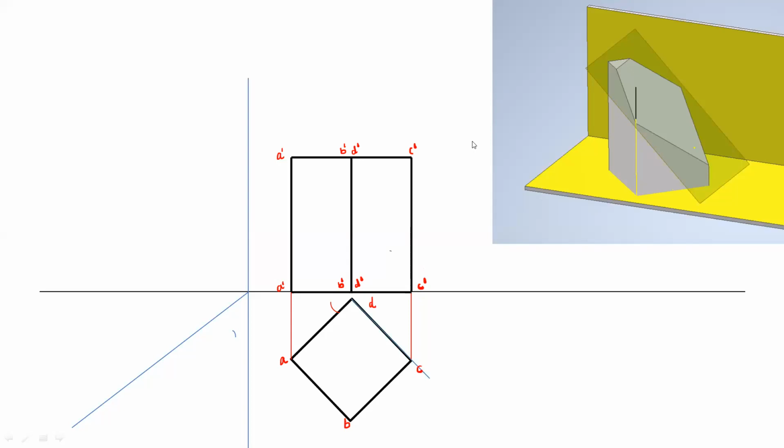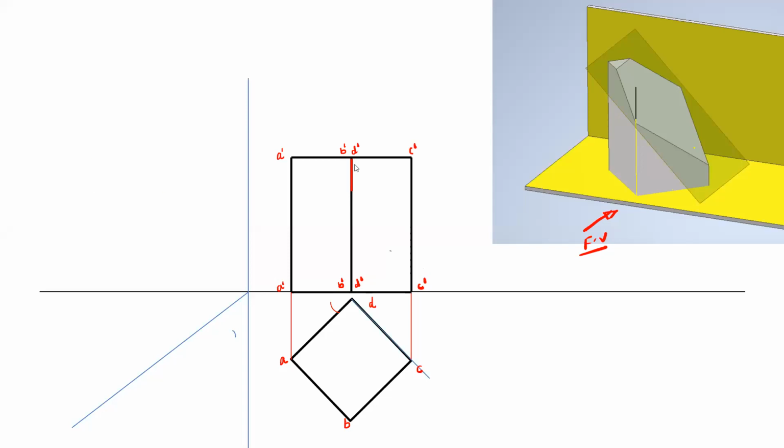Okay. Now the next part is you should draw the position of the section plane. Now this section plane is perpendicular to VP. That means in the front view, that section plane will appear as a straight line. So if you observe from this direction, that is the front view, this section plane will be just a line. So draw that line. That section plane is passing from 20 mm just below the top end or top base.